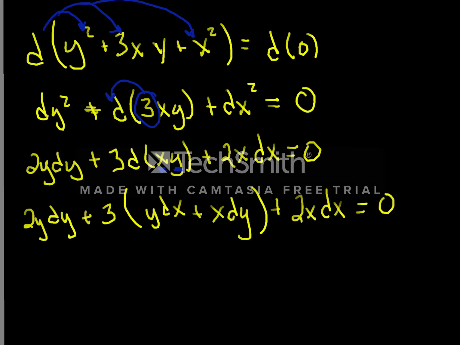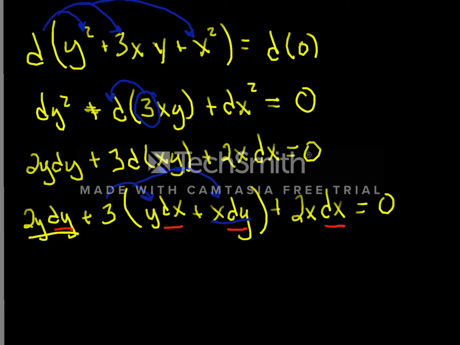So we know we're done distributing our differential operator because everything we see is just a dy or a dx. There are no more complicated terms than that. Now we need to collect all our dx's and all our dy's. Here I've got a 2y dy, and this 3 is going to distribute across the multiplication, so we've got a 3x dy here.